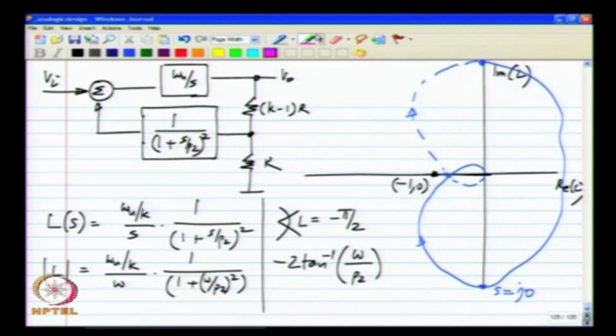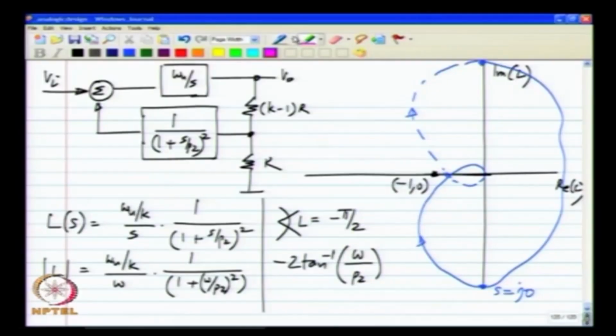So, what determines whether it encloses it or not? Let us say for a particular set of parameters, the Nyquist plot is like this, and it is not enclosing the minus 1, 0 point, which means that the system is stable. Now, let us see what happens if I use a lower value of P2.